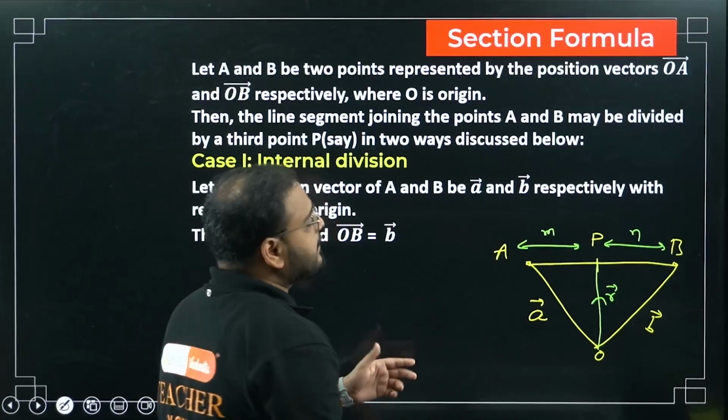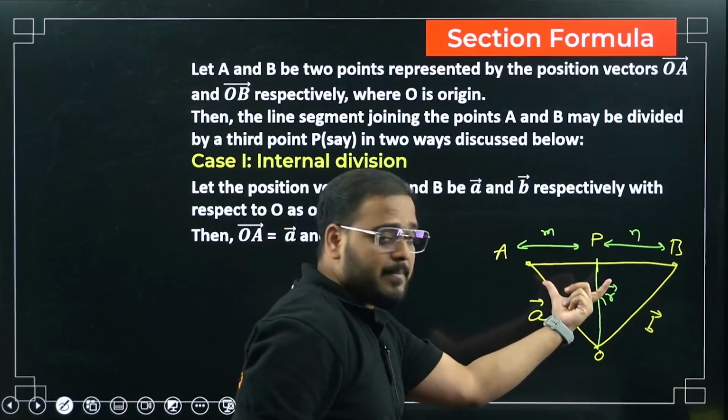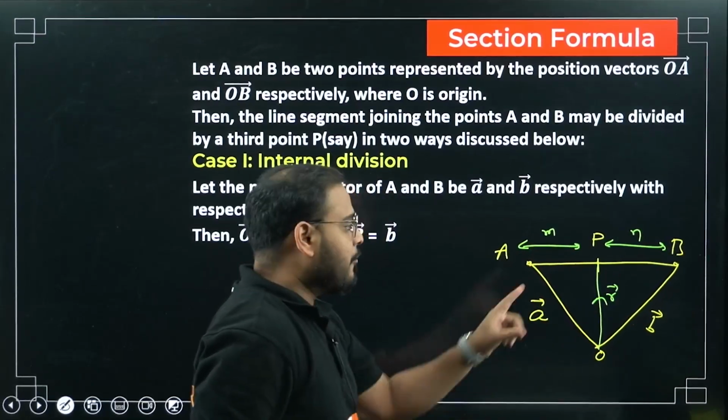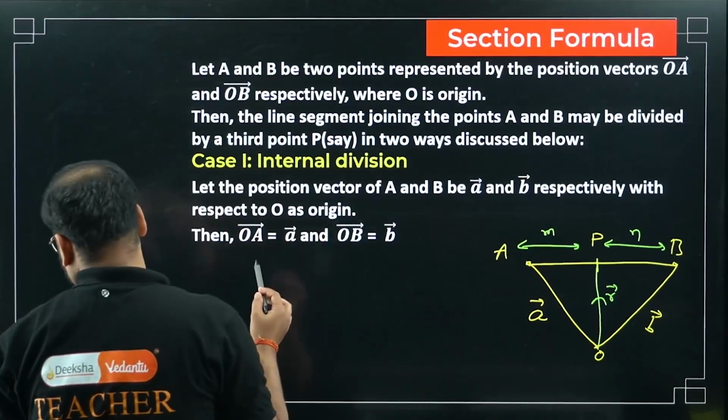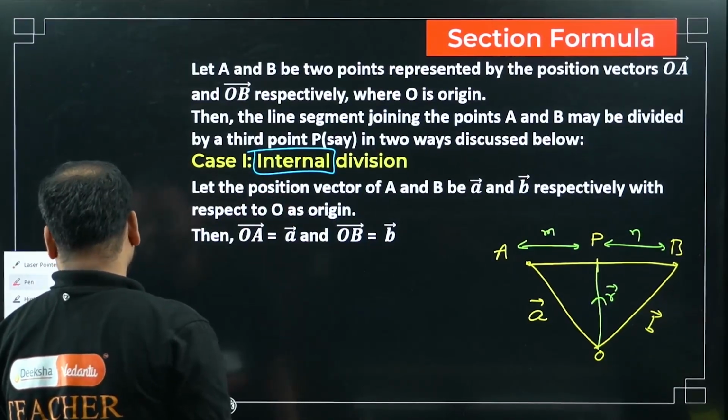I'll repeat the question: find the position vector of the point P which divides the vector AB in the ratio M is to N. What type of division is this? Internal division.